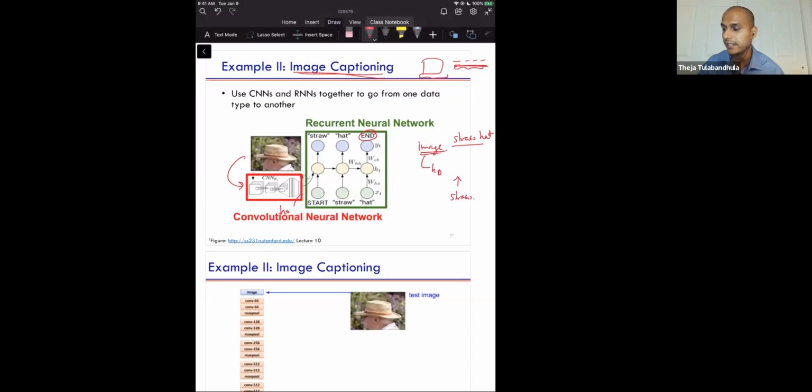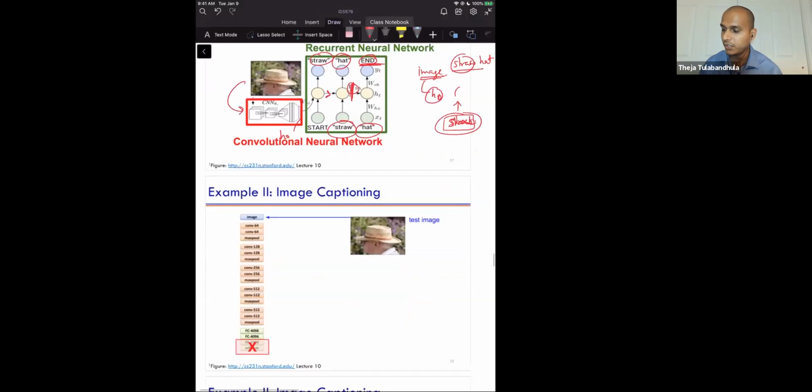Okay, so this is training time. At training time, given h0 and start, you want to predict straw. That's what is happening here. Then given straw and the previous information, you have to predict hat. And given hat and the previous information, you predict end.